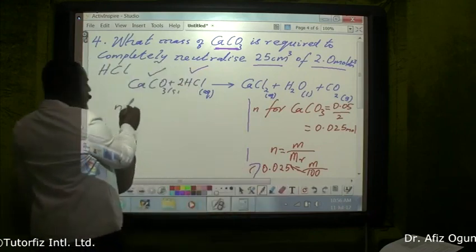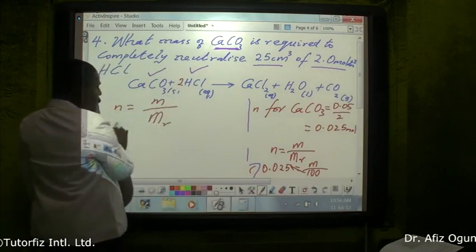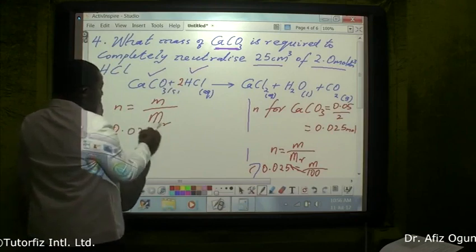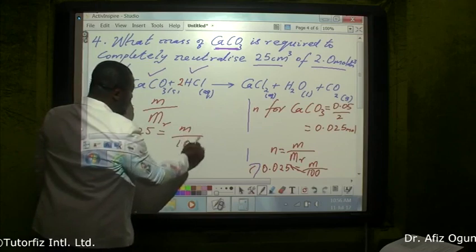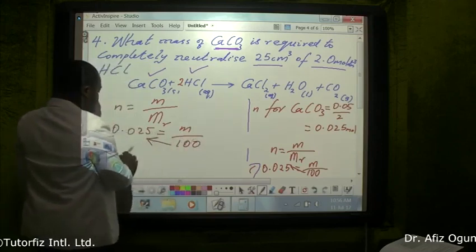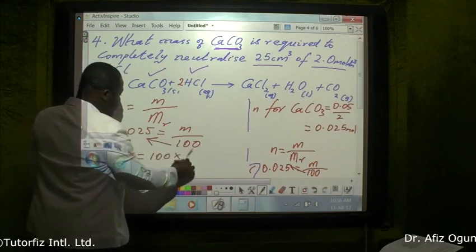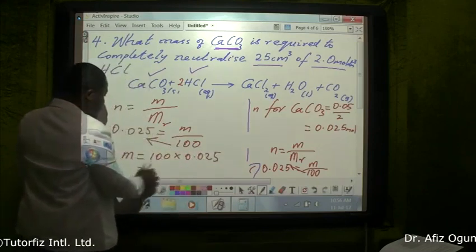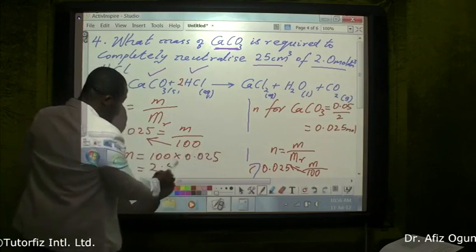So I have n equals m divided by Mr. So 0.025 equals m divided by 100. m equals 100 multiplied by 0.025. This is equal to 2.5 grams.